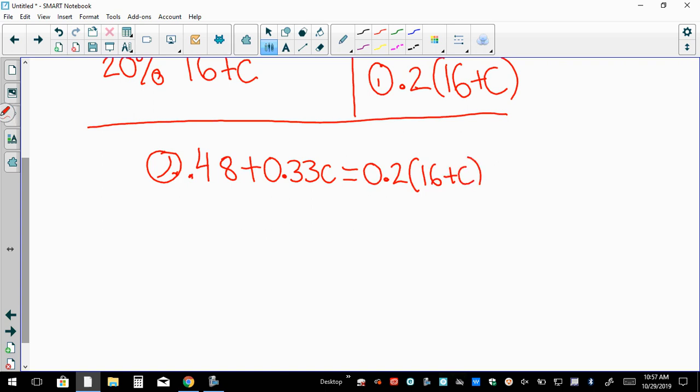So, like Mr. Height usually does it, we're just going to forget about the left side, and we're going to shoot the ducks. 0.2 times 16 is 3.2, plus 0.2C.